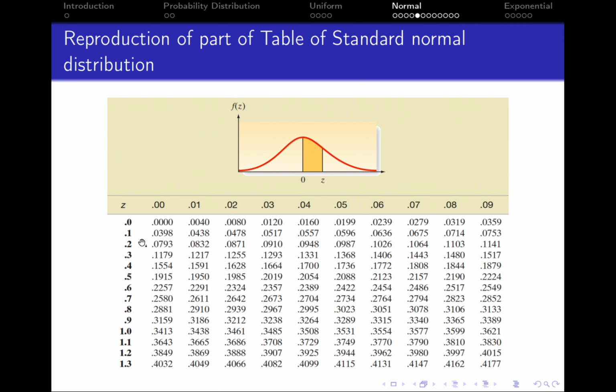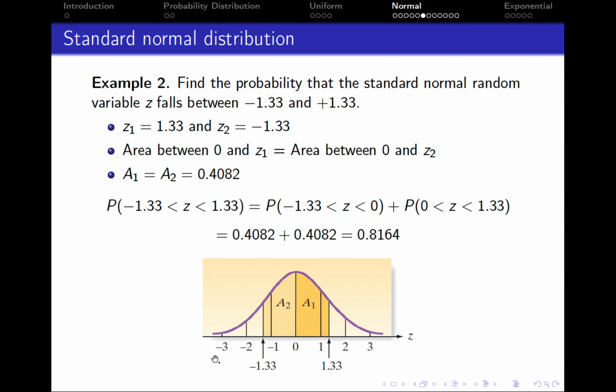For example, if we're interested in the probability that z lies between 0 and, let's say, 1.11, we will need to go all the way to 1.1, but since we're interested in 1.11, we will move to the third column, representing 0.01. So the probability that z lies between 0 and 1.11 is something like 0.3665.